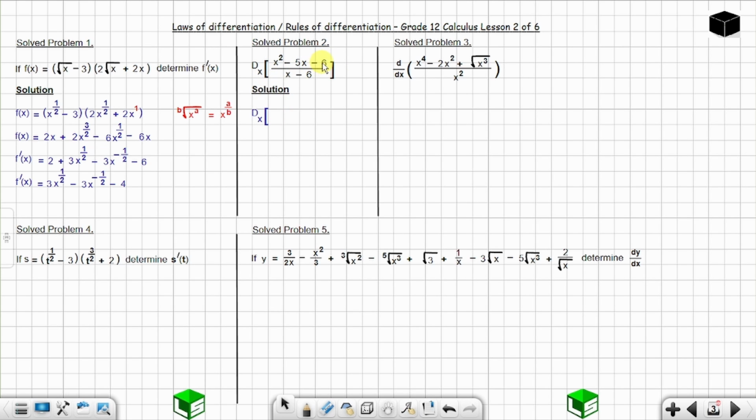We are going to factorize this and see if we can get rid of the x at the bottom. So let's factorize this like this. You have x squared. You are going to have x times x, which gives you x squared. And you have negative 6 there. You can take 1 times 6, because from 1 and 6, you can have minus 5.